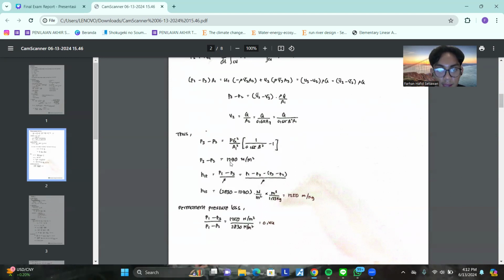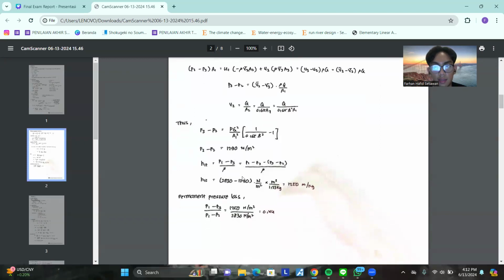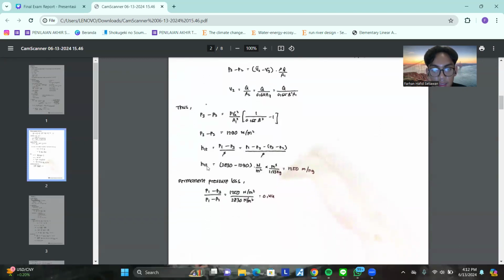And we substitute back the P1 and P3, P3 and P2. That means in H1T, we got H1T is equal to 2830 minus 1290 times 1 per 1.23 kilogram, equals 1250 joules per kilogram.